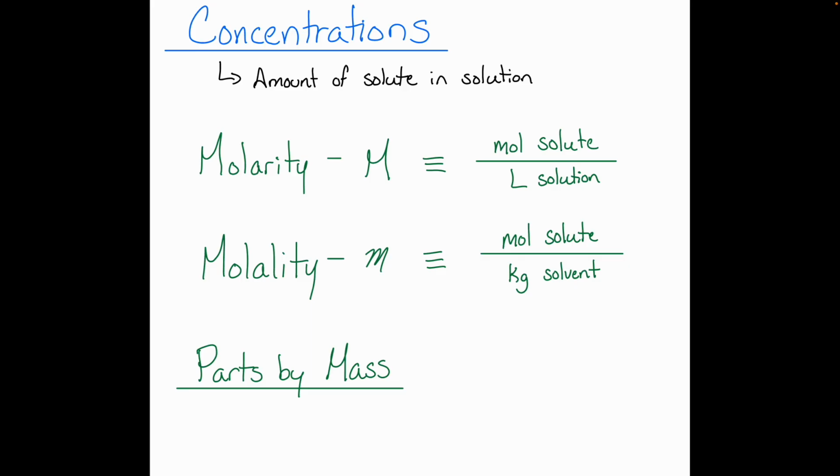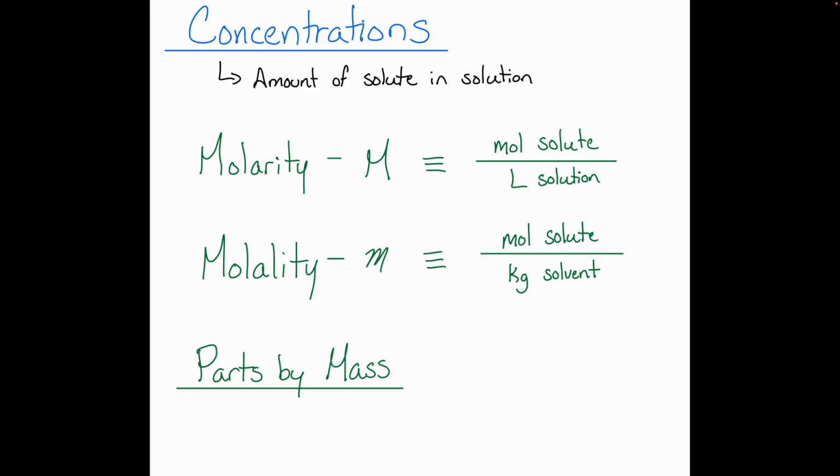If you go to a hospital, for instance, you have to deliver a certain amount of drug to somebody based on, say, their body weight, right? Well, they don't talk in terms of molar because they don't care about moles in the hospital. So instead, they talk in these parts by mass, right? How many grams of aspirin should this particular patient need per gram body weight, something like that. So they use these units instead. If you go to your medicine cabinet and flip around any one of those bottles, you'll see a lot of percents on the back there.